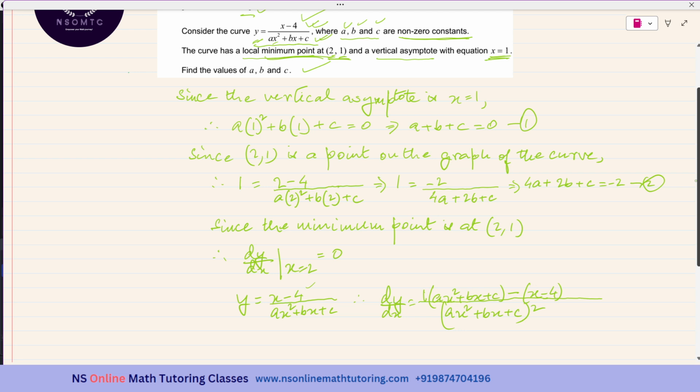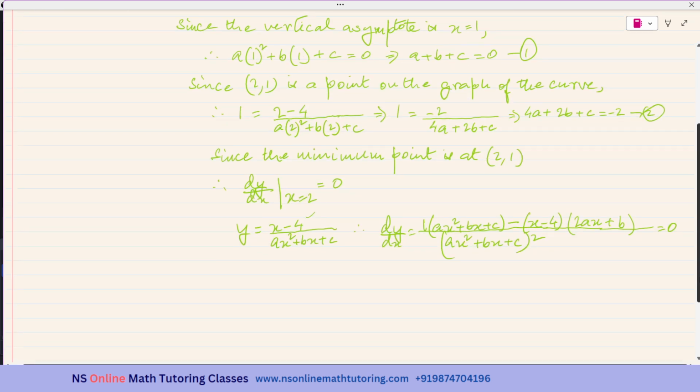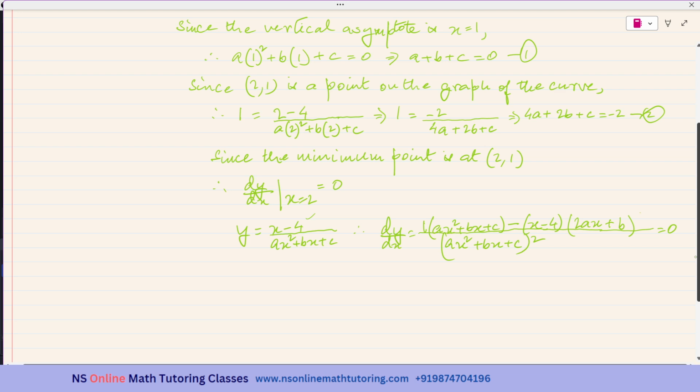The derivative of ax square is 2ax, derivative of plus bx is plus b, and the derivative of plus c is 0. So this should be equal to 0. Okay? This should be equal to 0 when x equal to 2. And this is using the quotient rule.